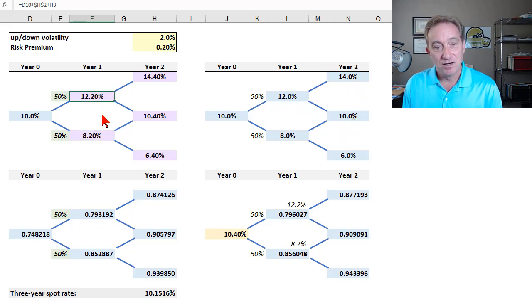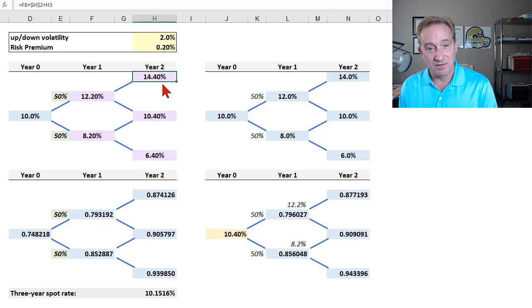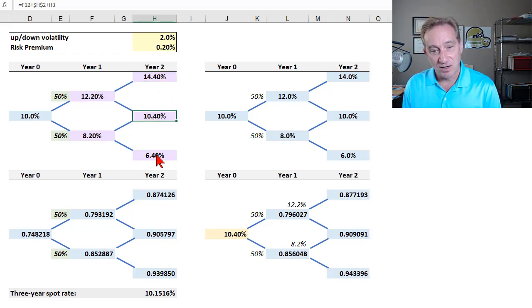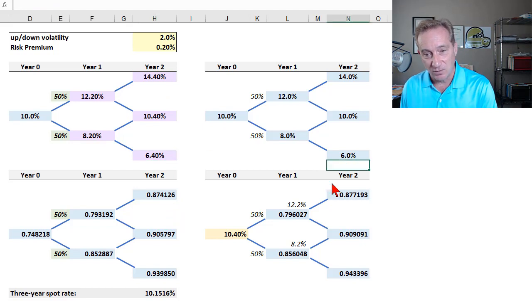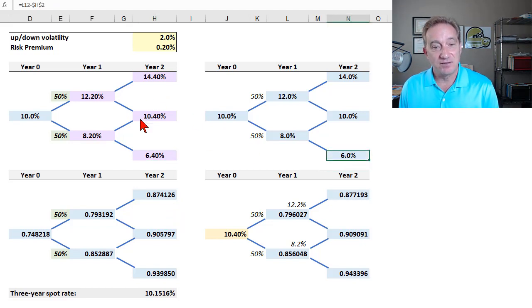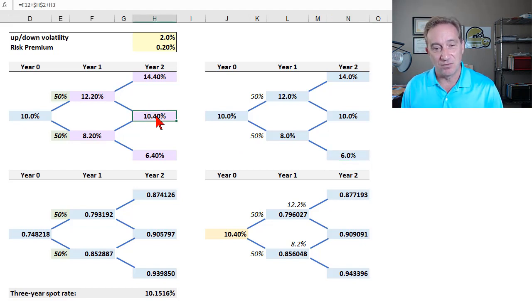But here we add a 20 basis point premium per annum, so 12.2, and this is 14.4, or plus 40 basis points over 2 years. 40 basis points relative to what we would have. And so we add the risk premium here into these nodes, and that reflects the risk aversion due to the uncertainty. You could also really think of this as the duration risk.